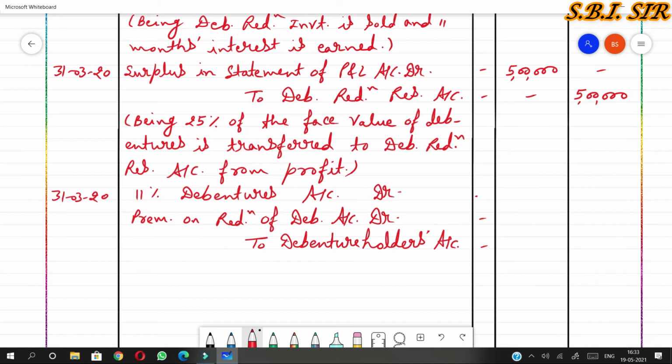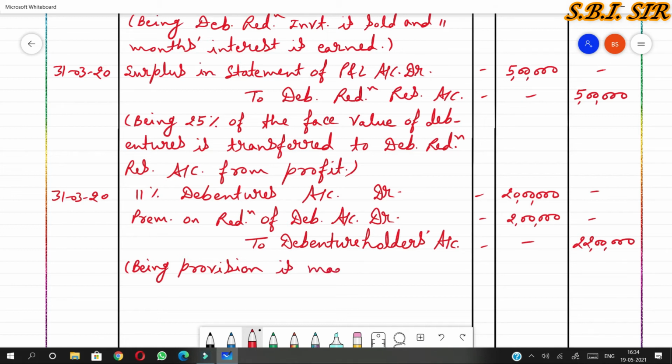So 11% debentures account 20 lakh, 2 lakh premium on redemption of debenture account, and we will pay to debenture holders 22 lakh. Then narration being provision is made for redemption of debentures.